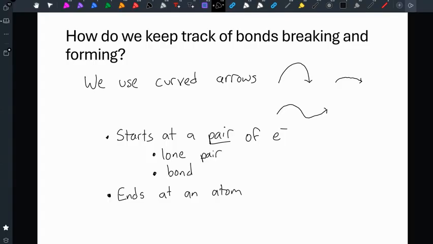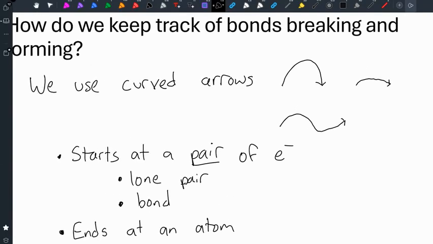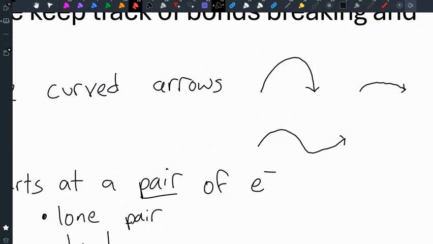One thing to note is that the end of my arrow here has two little arrowheads. Those arrows always indicate that we're dealing with pairs of electrons. There are sometimes arrows used with just one little hook at the end.